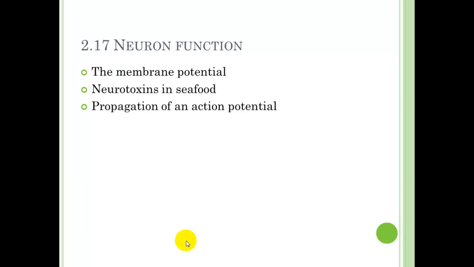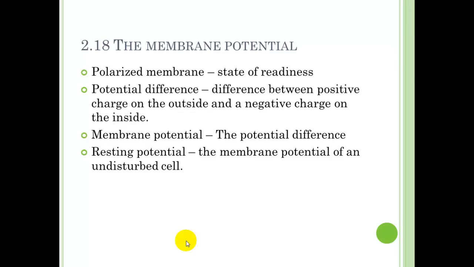2.17 neuronal function: the membrane potential, neurotoxins in seafood, and propagation of an action potential in this section. Membrane potential: we have a polarized membrane, a state of readiness, which whenever we say polarized means it is ready for an action potential, or electricity, or a stimulus to travel down it.